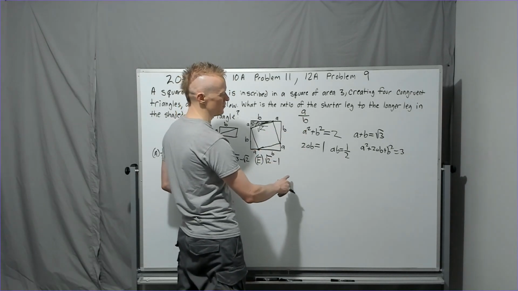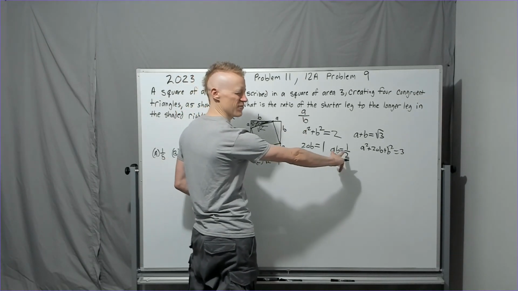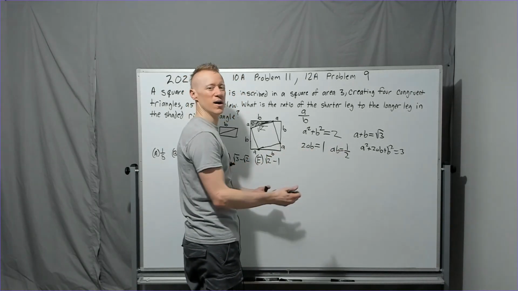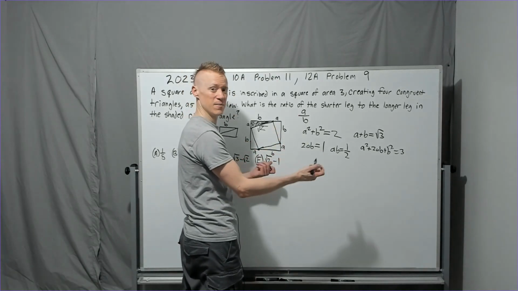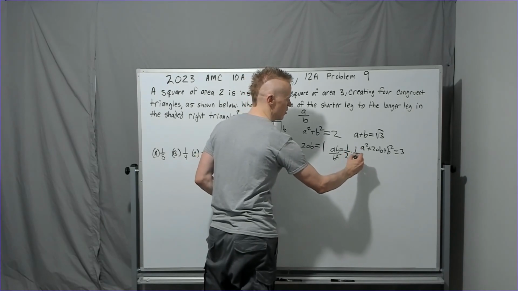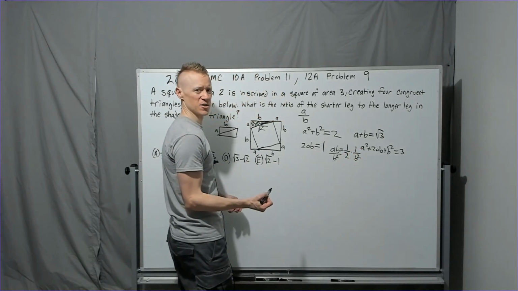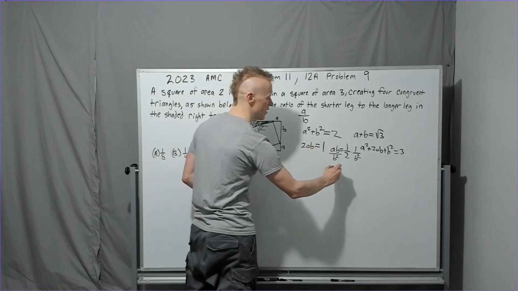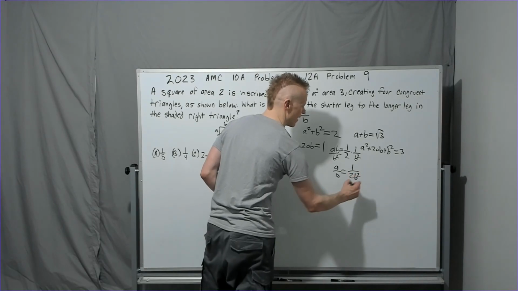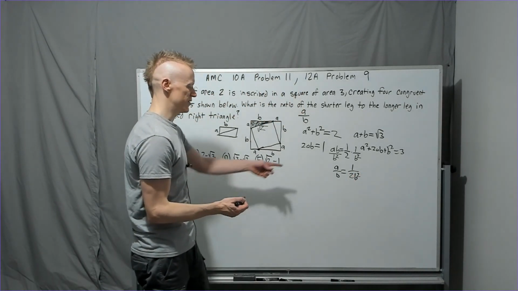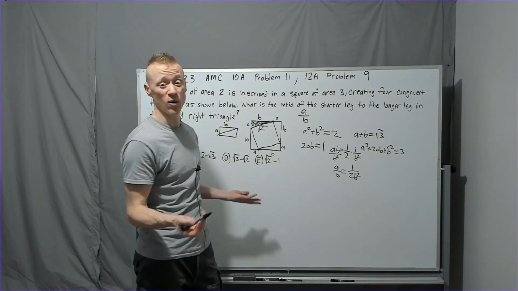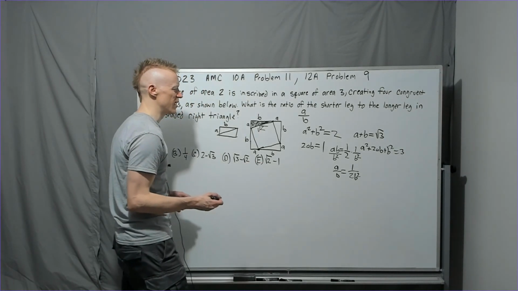We're looking for a over b, and we know that we have ab equals 1/2. What I like to say is create what you want. If you want a over b, then make it. So I'm going to divide by b squared, and over here multiply by 1 over b squared, because that's going to give me a over b on this side. So I've got a over b is 1 over 2b squared. If I could just find b, or b squared, then we would find our answer.